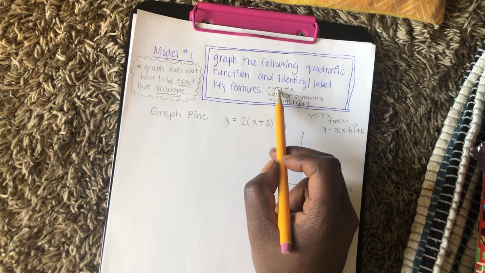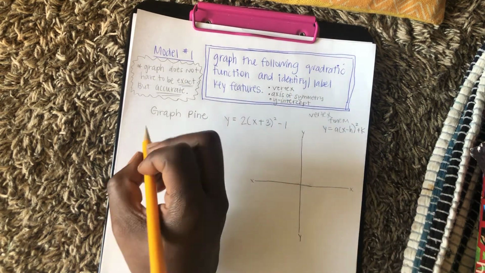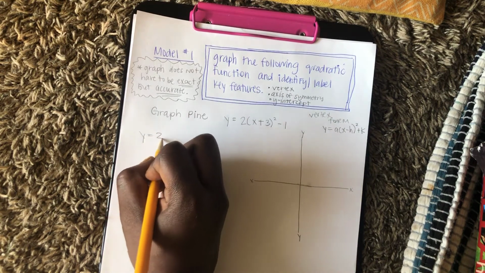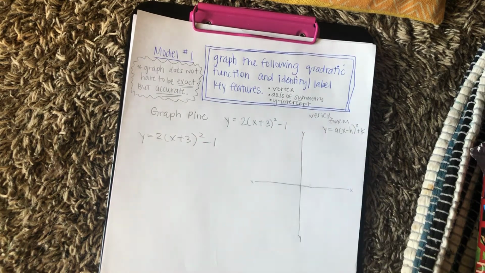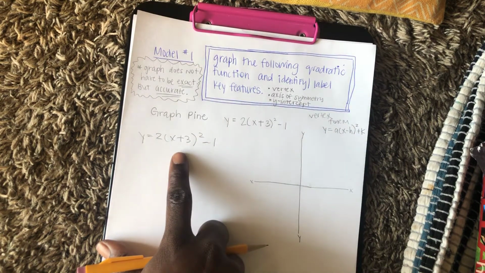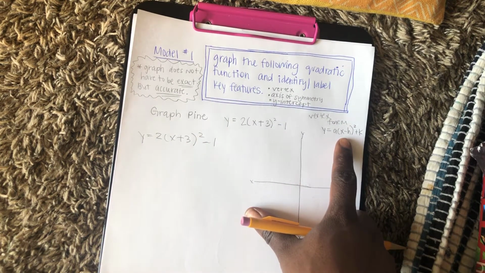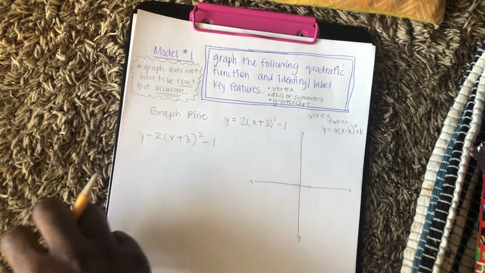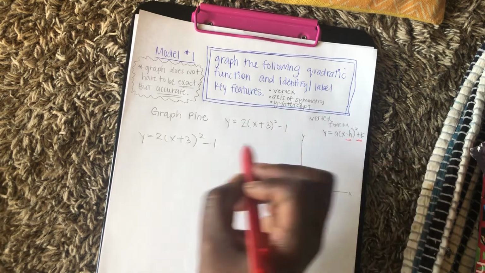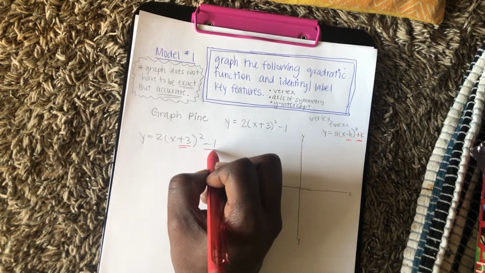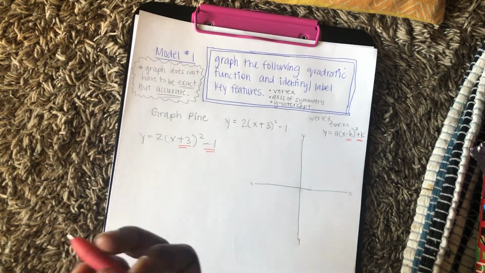So I need to identify the vertex. Well, I have my equation, and I'm going to write it again because y'all know how I am. I hope you can see this. Cool. And because this is in vertex form, I can automatically identify the vertex. The vertex is our h and our k. So here we have +3 and we have -1.